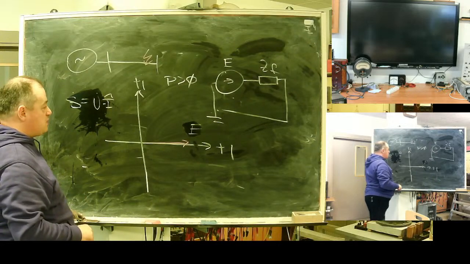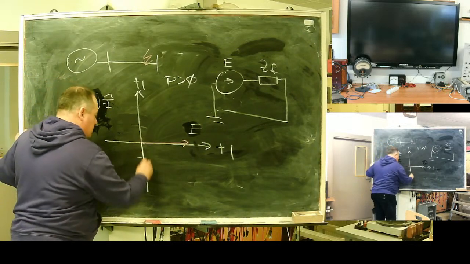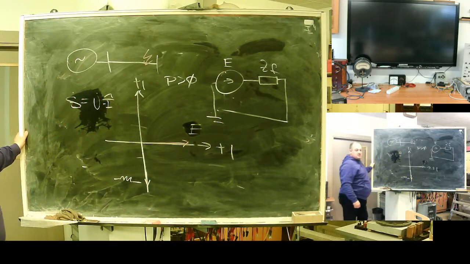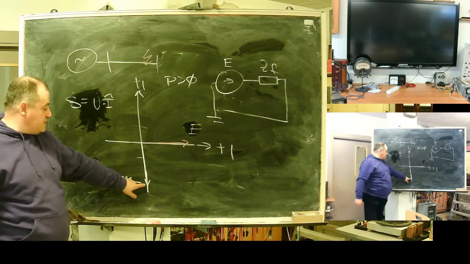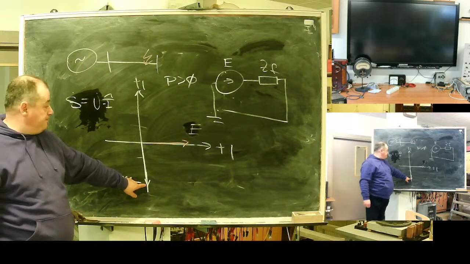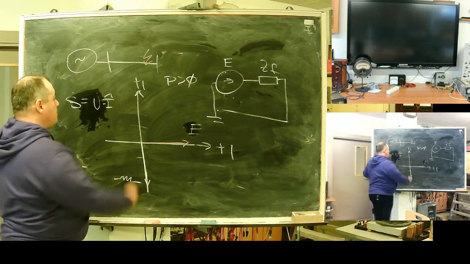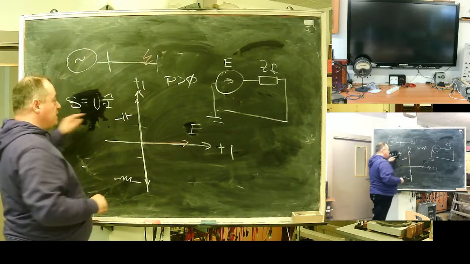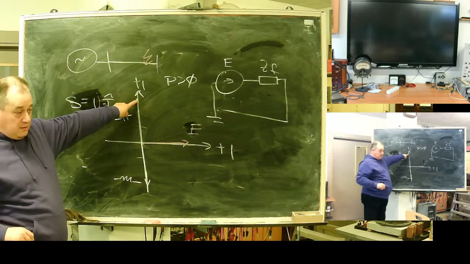When power is positive, if current at this point is pure 90 degrees away, pure coil, here is a merging point where power is 0, yeah? This point, pure capacitance, here power is 0, yeah?